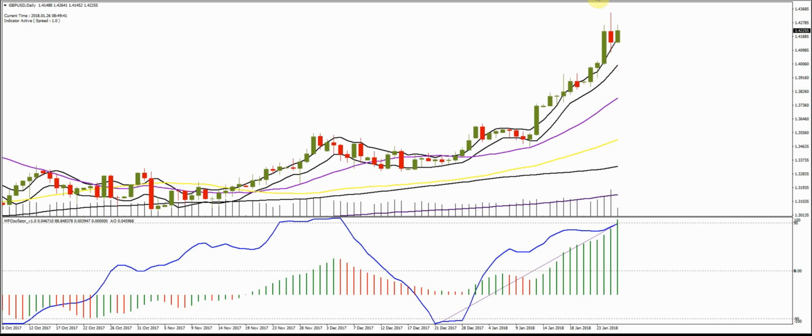So again, that's put in this bearish candle yesterday, but could that be just a matter of taking stops out?